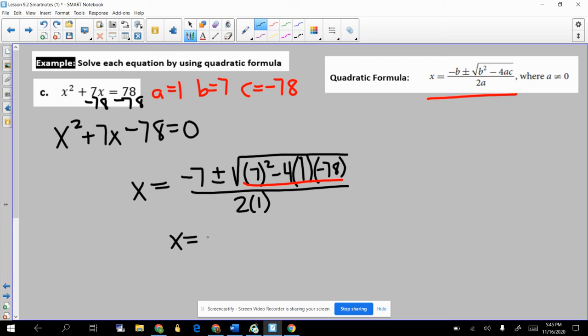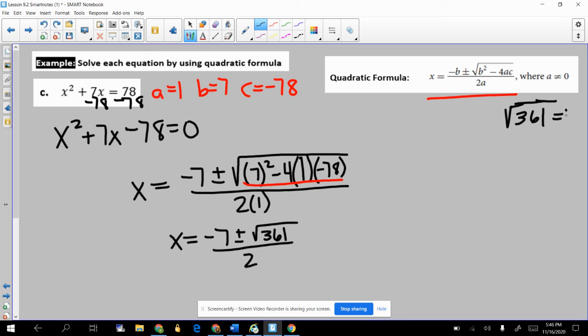So we want to rewrite this simplified. And that's going to be plus or minus the square root of 361 all over 2, because 2 times 1 is 2. So again, just like before, we want to see, all right, does this 361 break down? And actually, if you do this in your calculator, the square root of 361, it is a perfect square.